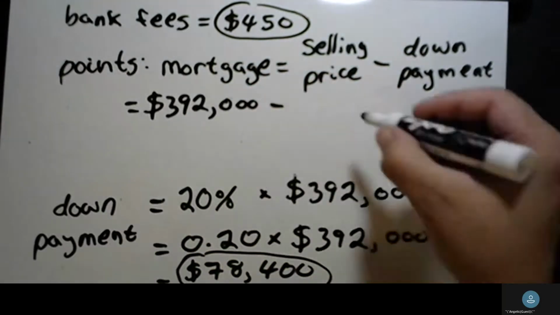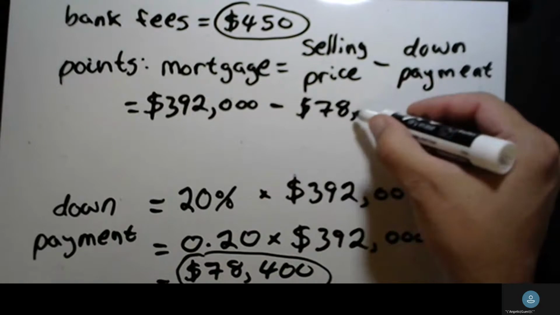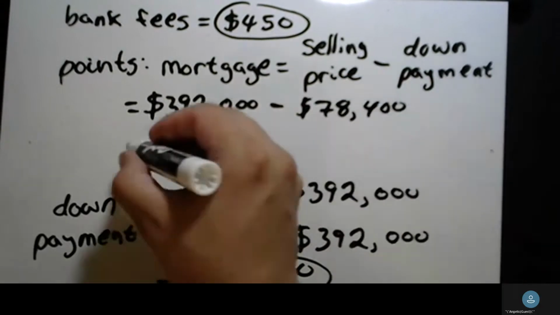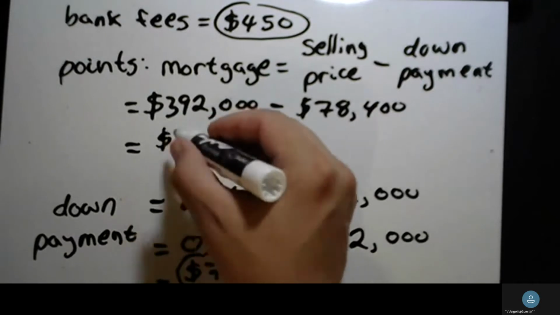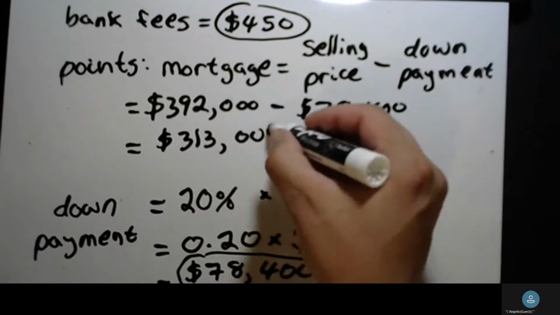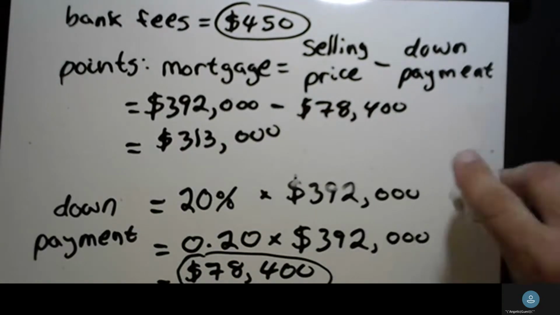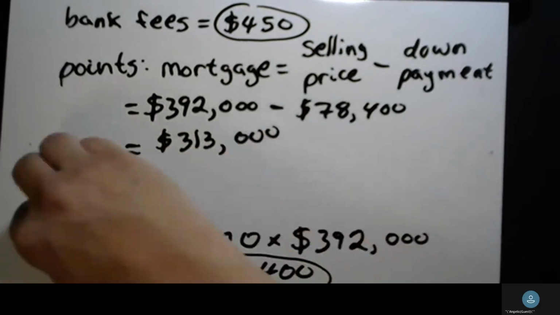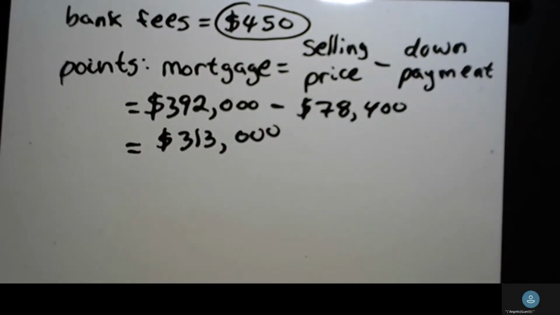We're going to subtract that down payment, 78,400. And so we get a mortgage of 313,600. So now that we have the mortgage, now we can calculate the points.